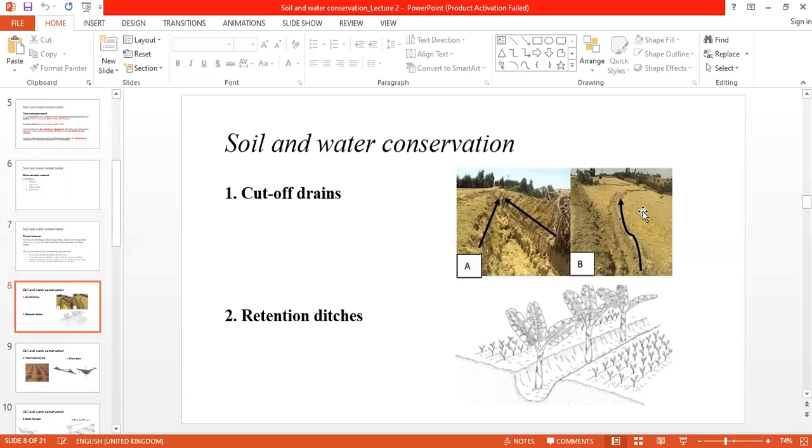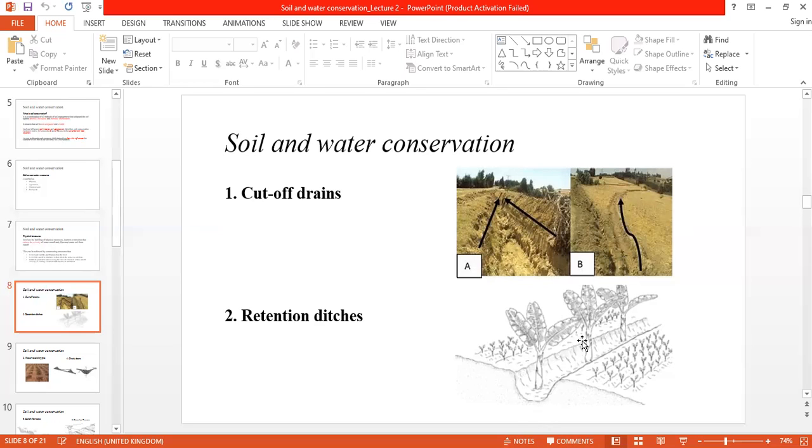The main purpose is to collect water, but they also have an effect on reducing erosion.